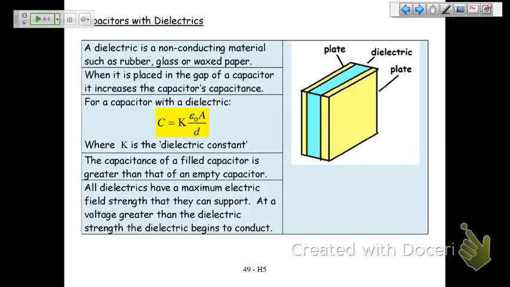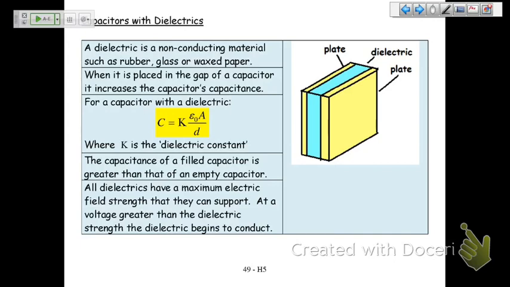Supposing the gap is filled with something. Well, even in the room it's filled with air, but air, it turns out, doesn't have much effect. But if I fill it with paper, or polyurethane, or waxed paper, or a wet chemistry, then that's going to have a different effect.